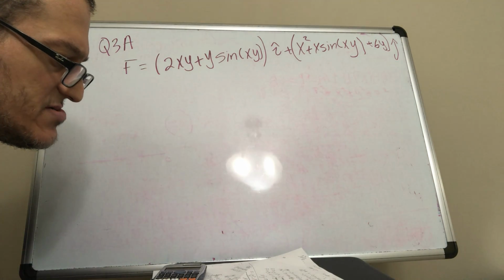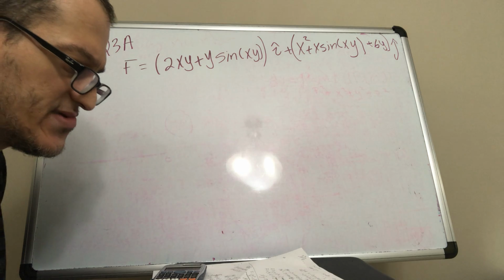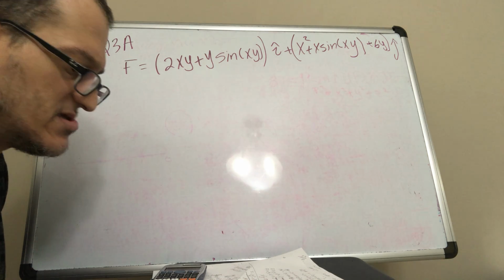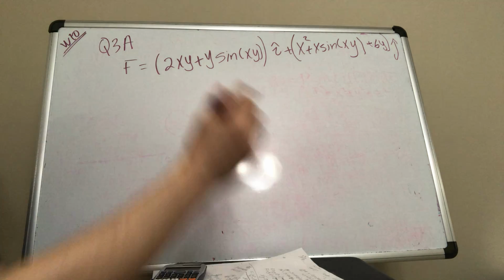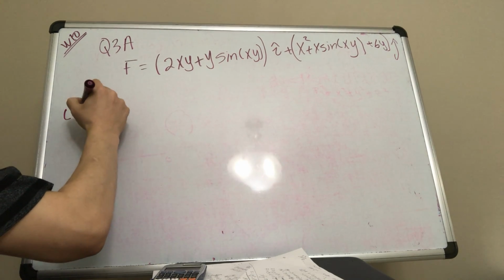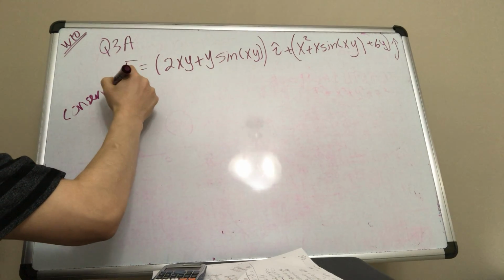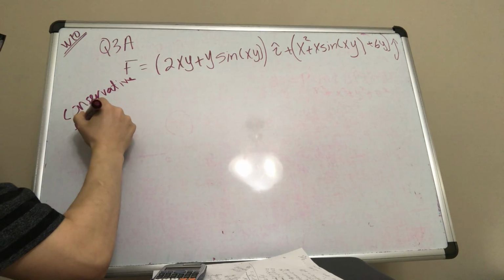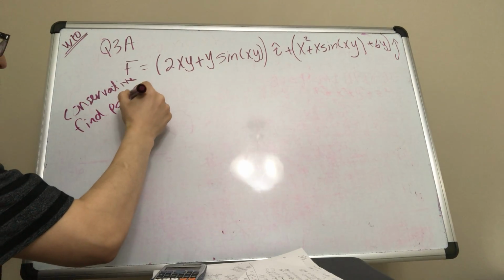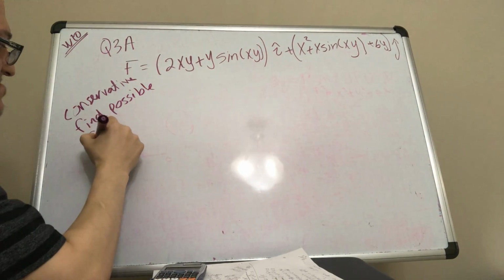In this question, they're asking for two things. Is this conservative? And find a possible function.